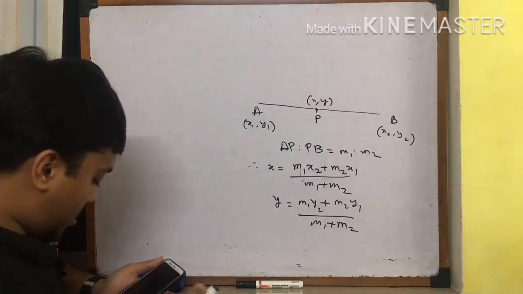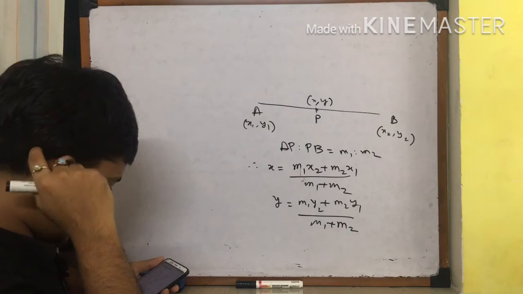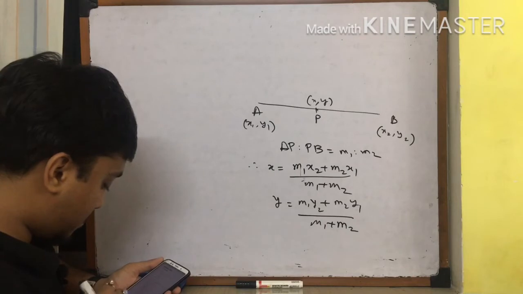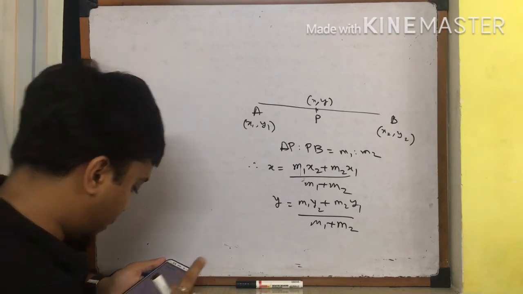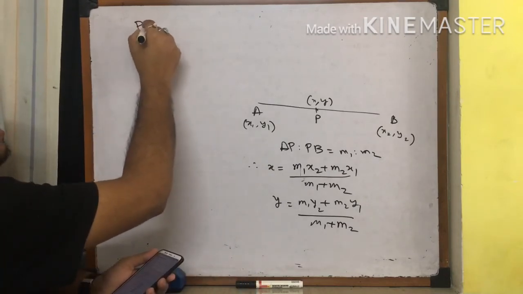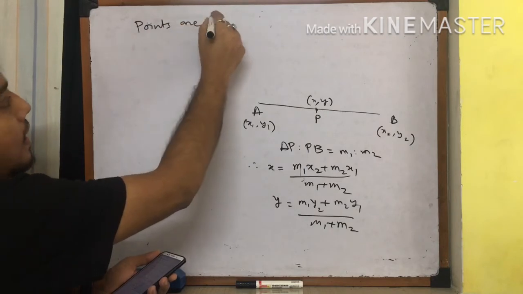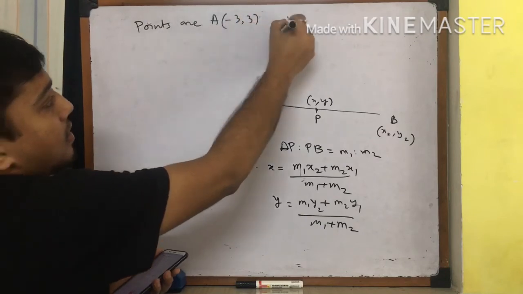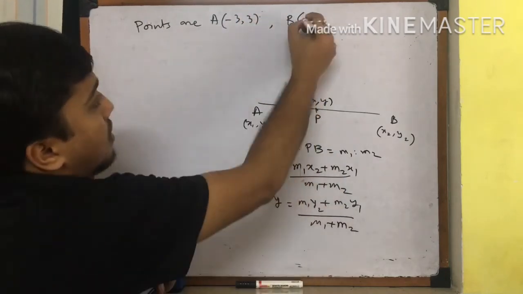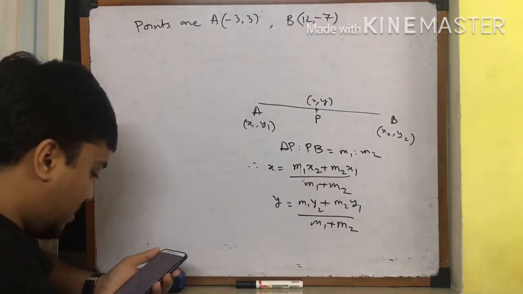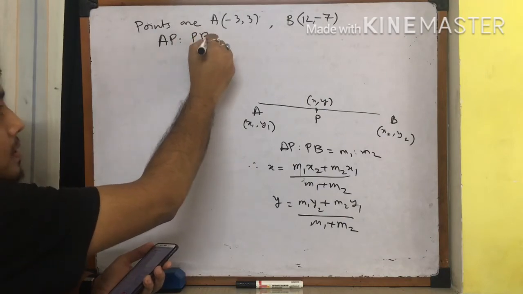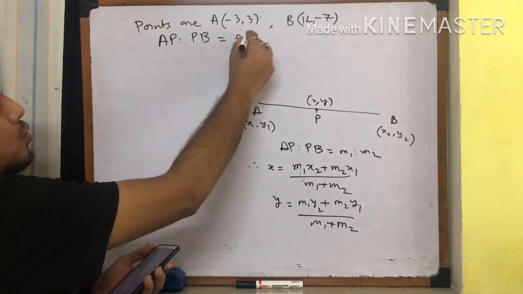Now, okay, 2 points are given: A minus 3 comma 3, B 12 comma minus 7, and the ratio is given, AP is to PB is equal to 2 is to 3.